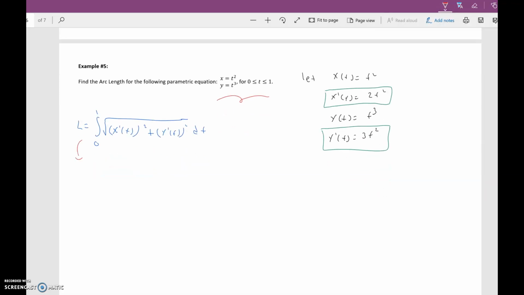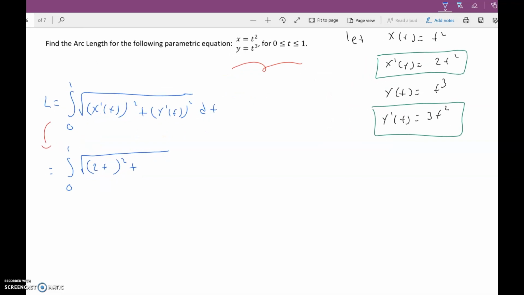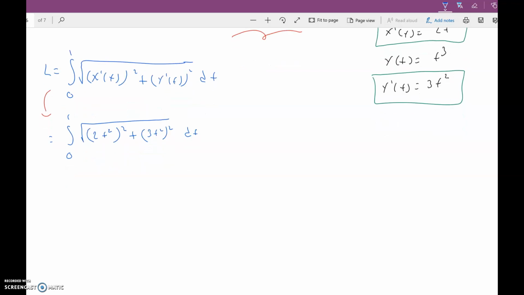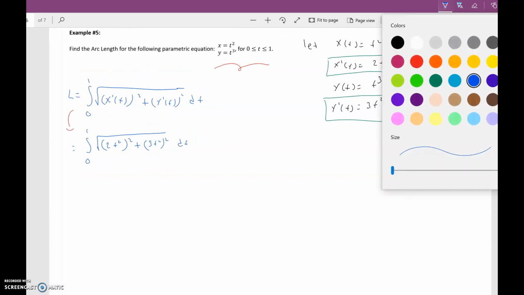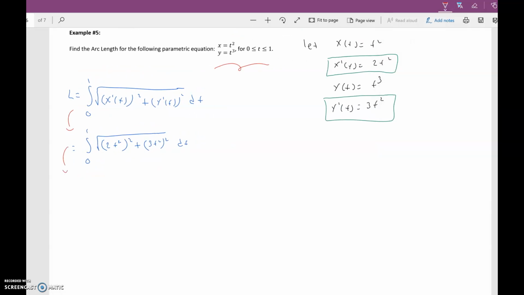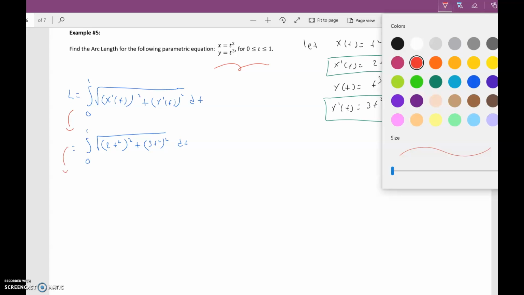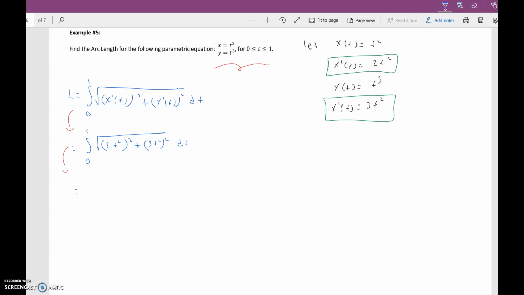So we're looking at the integral from 0 to 1 of the square root of 2t, technically squared, plus 3t squared, dt. So this is the portion that we have to be very careful with as we evaluate the integral.